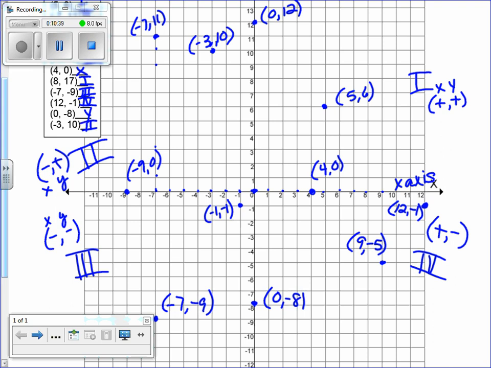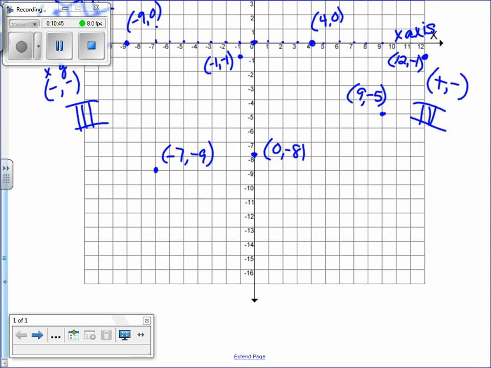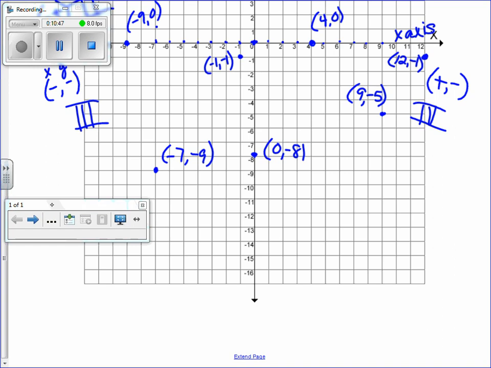At the bottom of this page, if you have any questions whatsoever, go ahead and write them. But what I would also like you to write is explain, how do I graph a point?